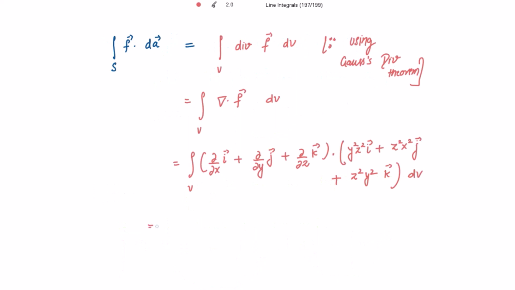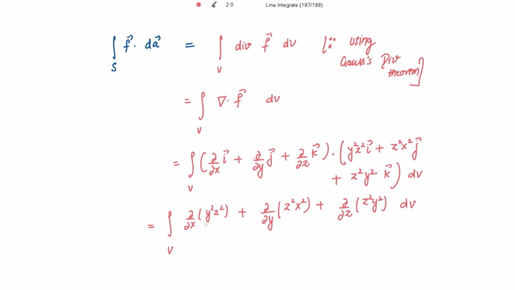When we take the dot product, we get partial over partial x of y square z square plus partial over partial y of z square x square plus partial over partial z of z square y square, dv.